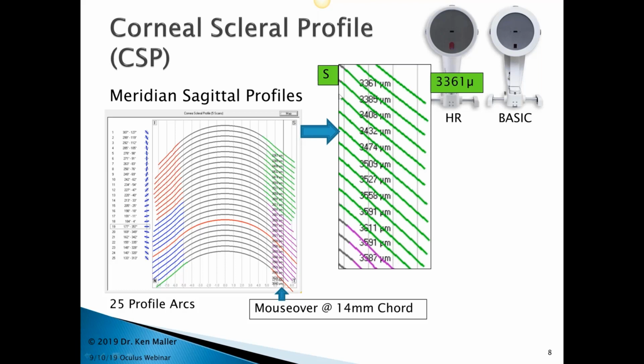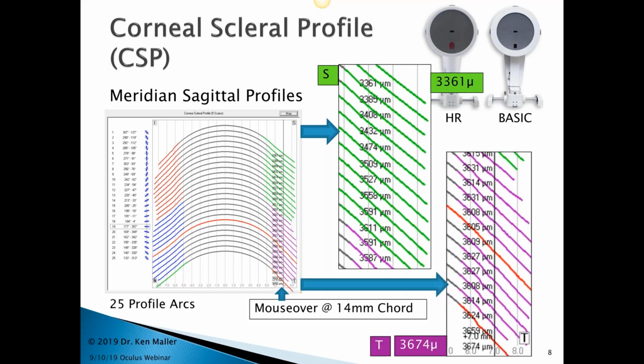And we can see here at the superior end, we have a sagittal micron value of 3,361. And as that's going through the superior, you can see that it's actually changing up to about 3,611 or so over here. And I clicked a little bit further right down here into the temporal, and we can see at its extreme, we're at about 3,674 microns, and this is at a 14 millimeter chord.